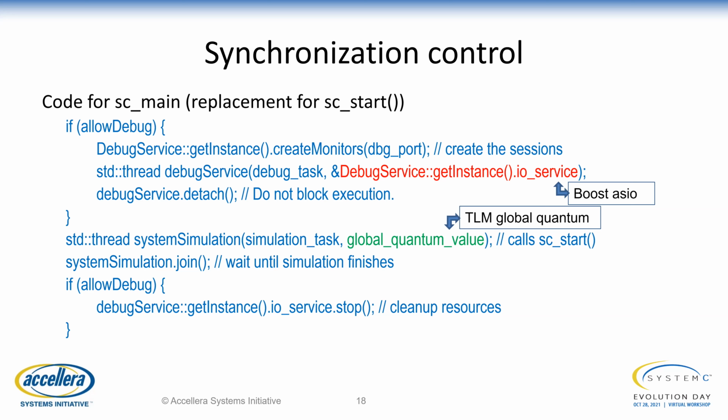And in that thread, we will call SC start. And basically, we wait until the simulation finishes, and if we had allowed debug for this particular system simulation run, in the end, we also need to clean up the resources.